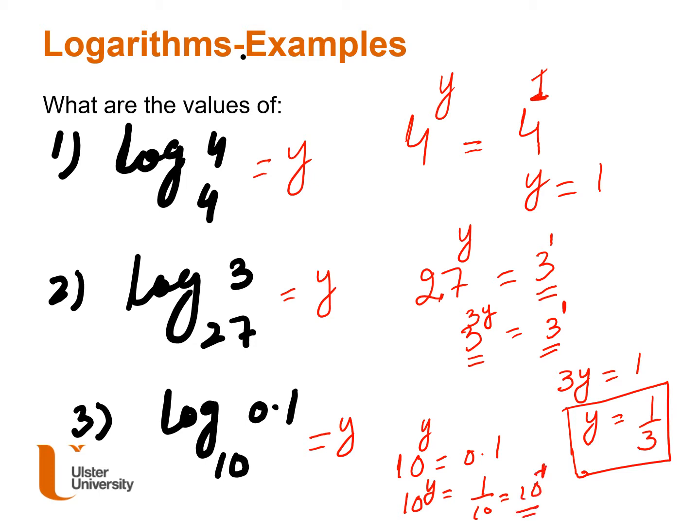So we got 10 here, we got 10 here. In that case, we can write y is equal to minus 1. So the logarithm of 0.1 with respect to base 10 is equal to minus 1.